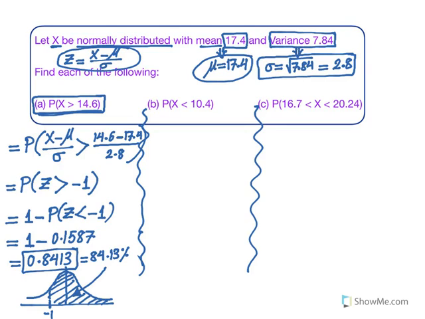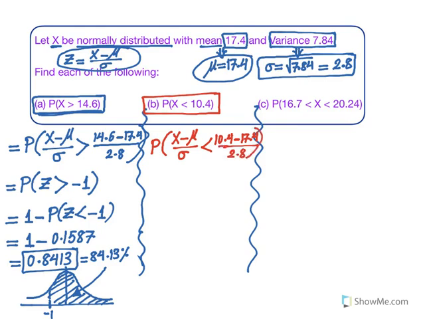So for the second one, for B, let's use a different color. We want the probability that x is less than 10.4. It's the same exact way. Instead of x, you change to the z-score. So you put x minus mu over sigma is less than 10.4 minus mu, 17.4, over sigma, 2.8.